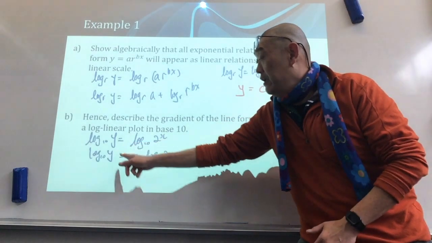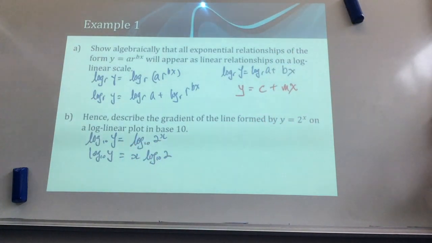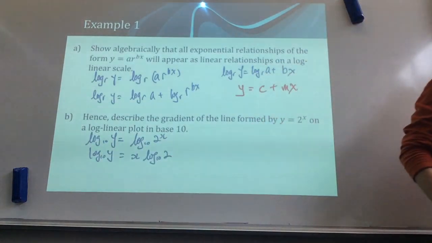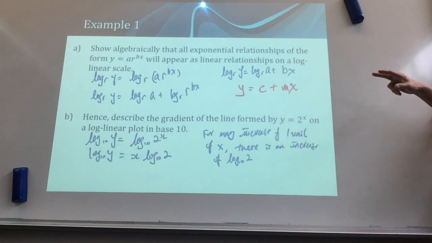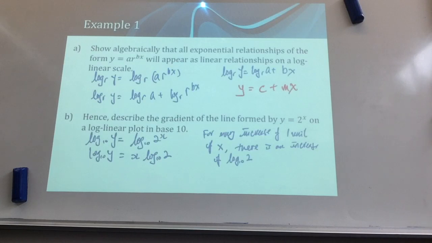So therefore log10 y = x times log of 2. And what is log of 2? It's a constant. It's a gradient. So in this context, what it is saying is that for every increase of x, there's an increase of log of 2. That's all. It's just a matter of interpreting it in context.